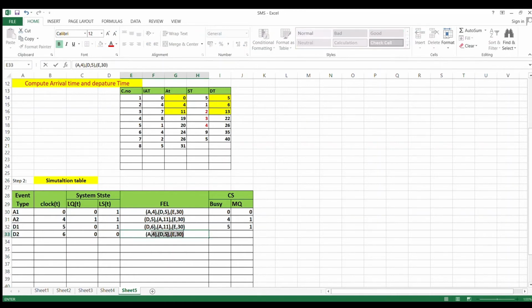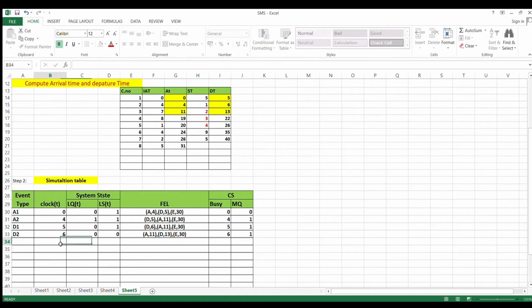So A11, D13, E20, E30. Now calculate the busy time. To calculate busy time: departure minus its own arrival, 6 minus 4 is 2, plus 4, 6. So maximum Q will be 1.